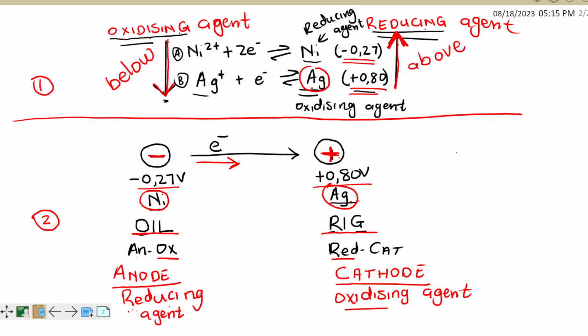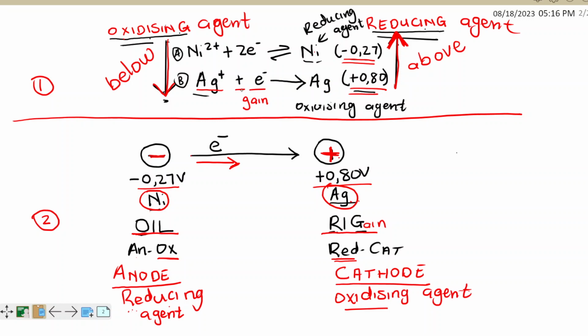Now remember, we said silver, what is happening on the side of silver? It is reduction. What is reduction? Reduction is gain of electrons. That means in this reaction B, electrons must be gained. You can see that Ag+ plus 1 electron gives us silver. So electrons are already on the left, which means these electrons are already being gained. I'm just going to change this double arrow into a single forward arrow.